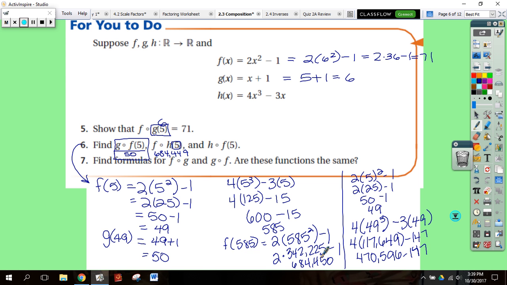I think you should get the same thing on both of these. So I may have made a mistake somewhere. So this 475,96 minus 147, 470,449. So I'm about 300,000 or 200,000 off with that one.